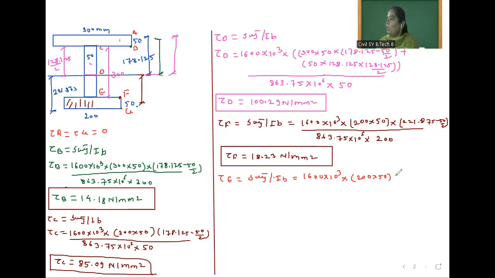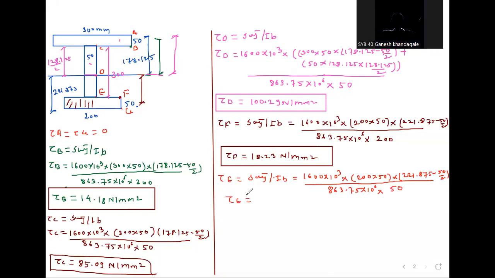So y bar is 221.875 minus 50 by 2, then divided by moment of inertia 863.75 into 10 raised to 6, into width. How much for this E point? 50. So tau E is equal to how much? 72.93.